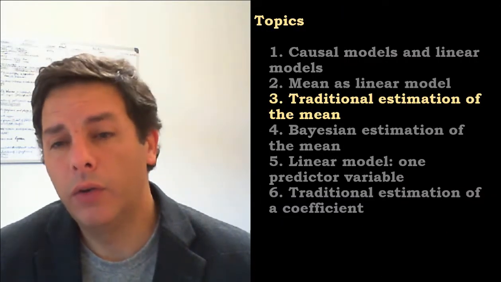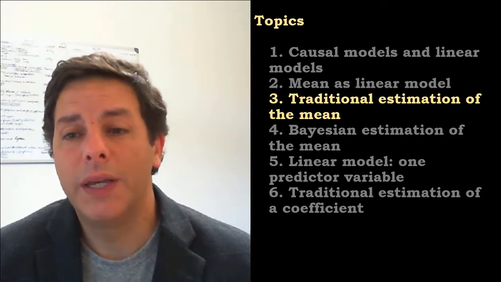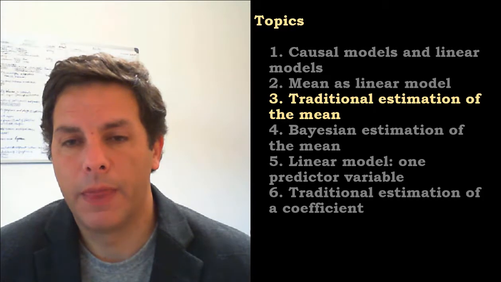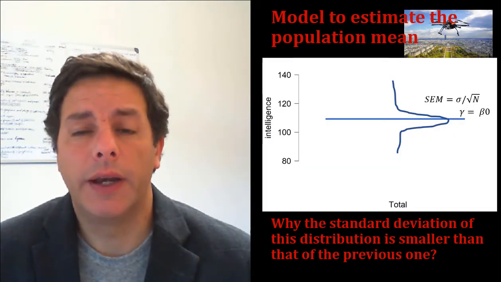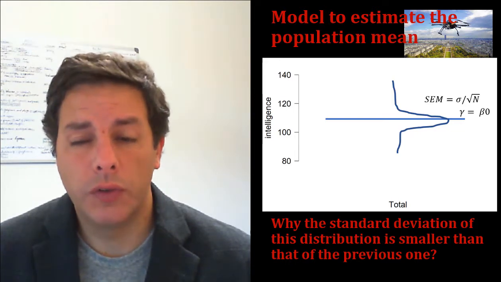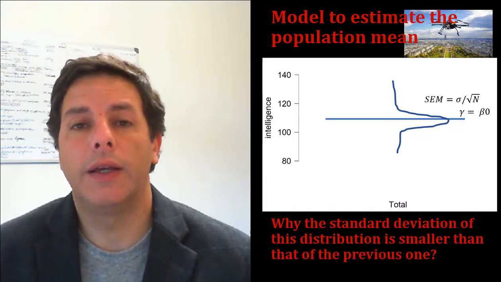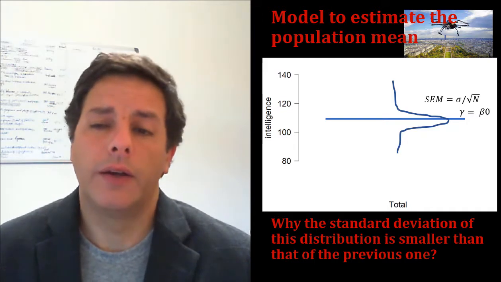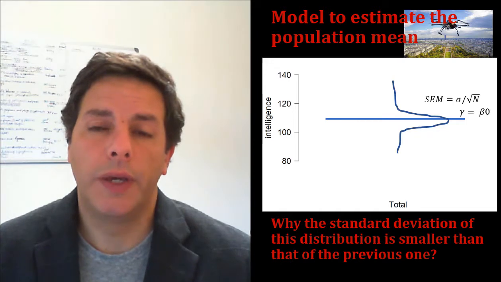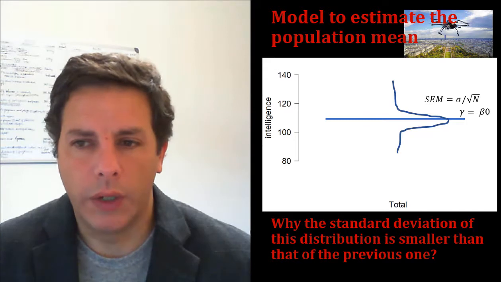Okay, so now we are not using the mean model to predict values, but to make an estimation of the mean. This procedure I'm going to explain, I believe it has some use, but I think we cannot deceive ourselves: this process is not a good process to make an estimation of the mean of the population, and I'm going to explain why.